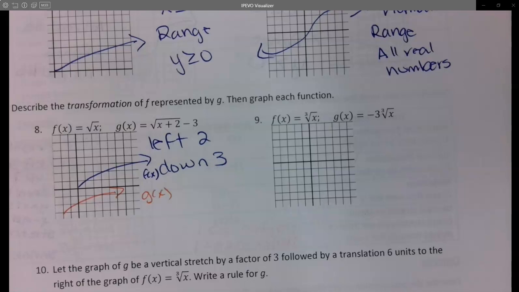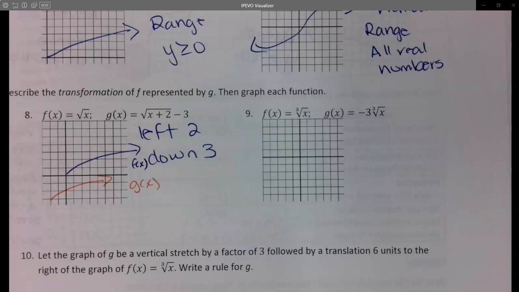Then I want to see what my changes are for number 9. What kind of changes are going on here?